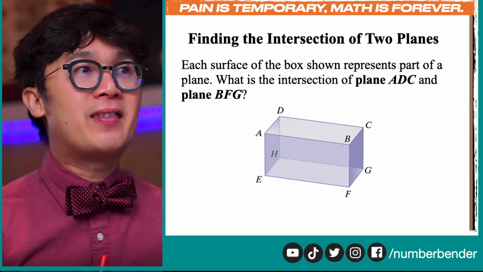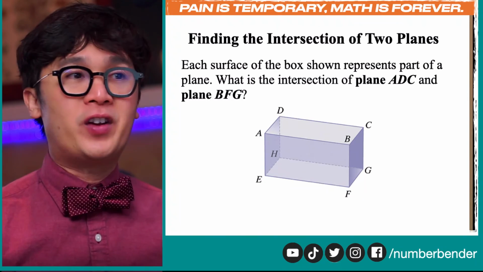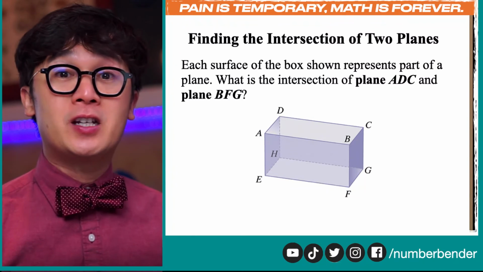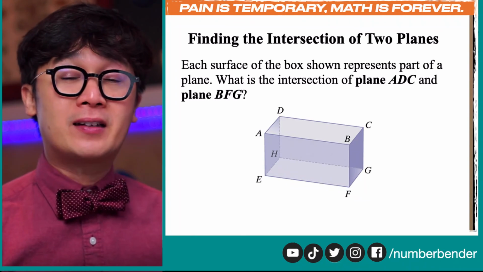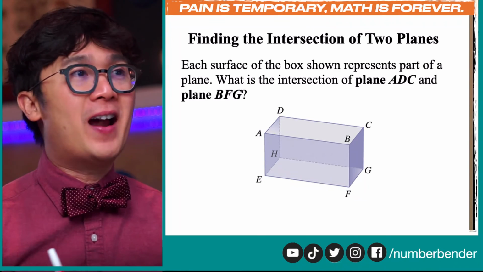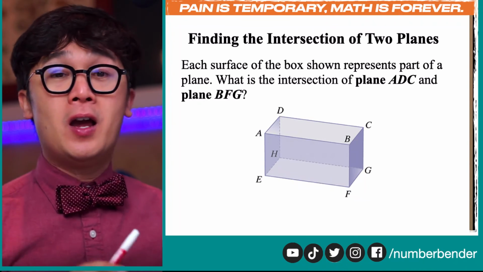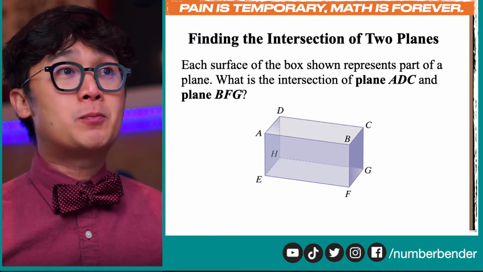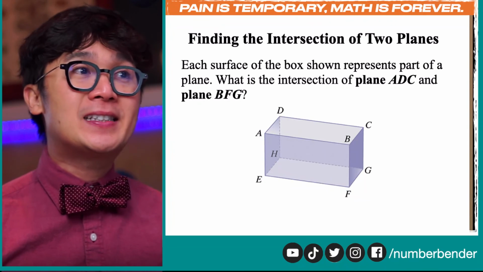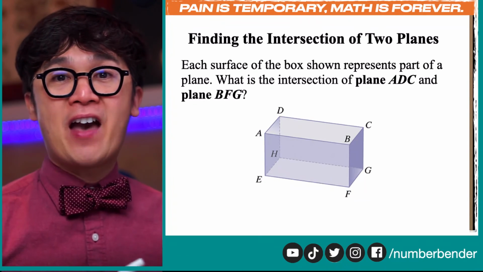So, notice that in this particular figure, we need to find certain intersection given yung description natin about this box. Alright, so each surface of the box, as we are seeing right now, represents parts of a plane. What is the intersection of plane ADC and plane BFG?